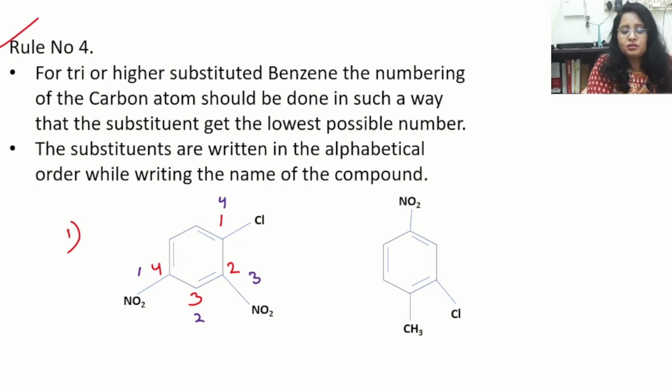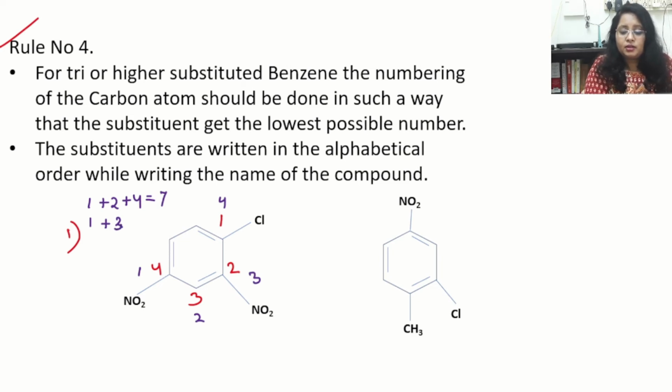This will be a rough portion. So in the first counting type, we have 1 plus 2 plus 4. On the first number, on the second number, on the fourth number, we have 3 substituents. Now do the addition. The result is 7. Now have a look at the other type of counting, in which we have nitro group on number 1. Then the other nitro group is on number 3.